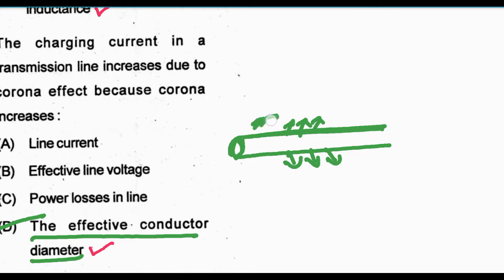That means this air in this environment will also act as somewhat of a conductor. That means we are increasing the effective conductor diameter, and it will also act as capacitance, higher capacitance. It will cause higher capacitance, and in turn it will cause the higher charging current.